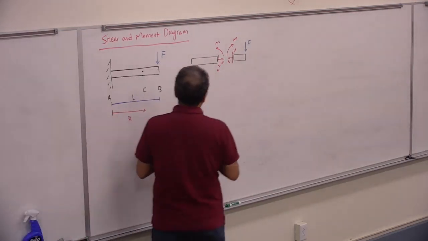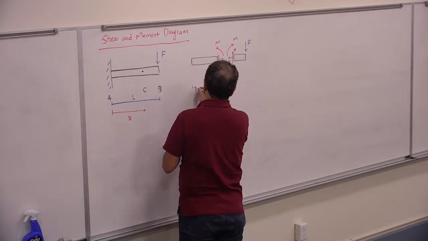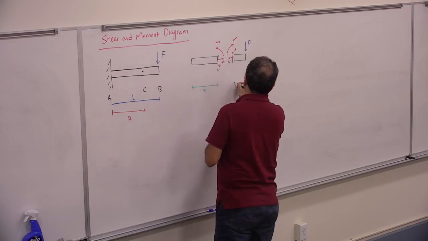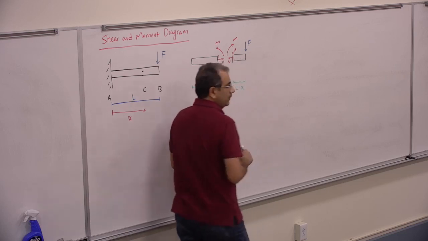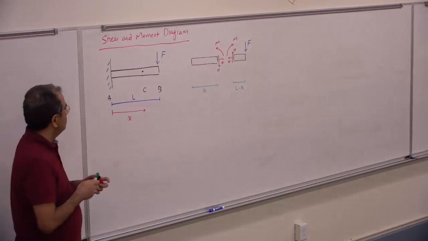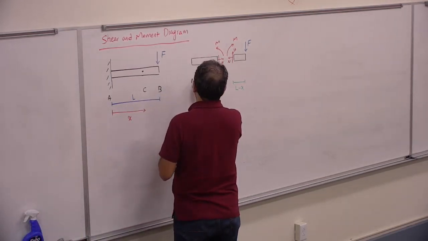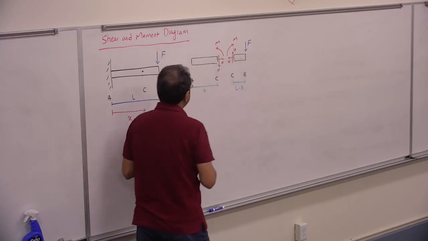Then I have this distance here is x, and this distance here is L minus x. So that's going to be the AC, and that's going to be CE sections.